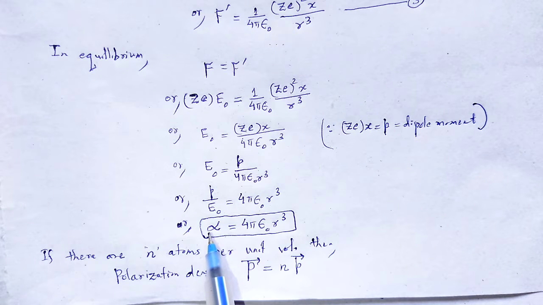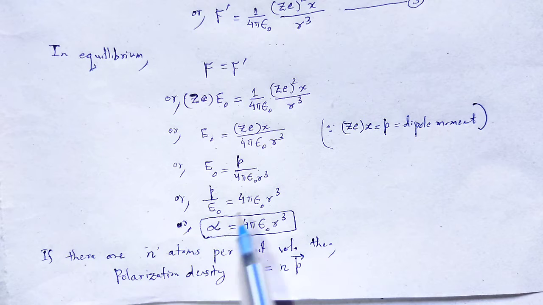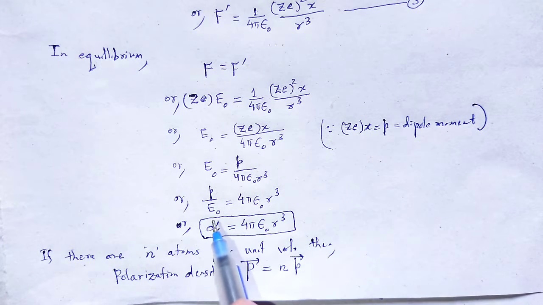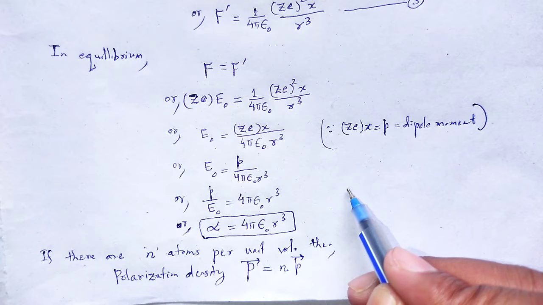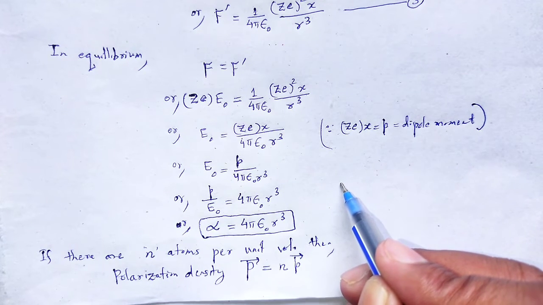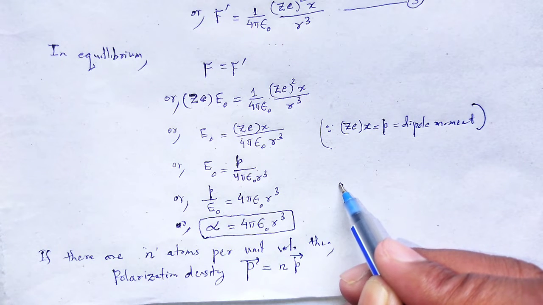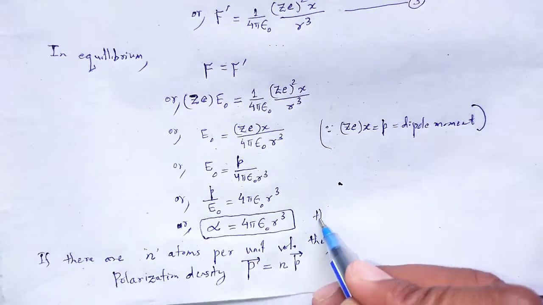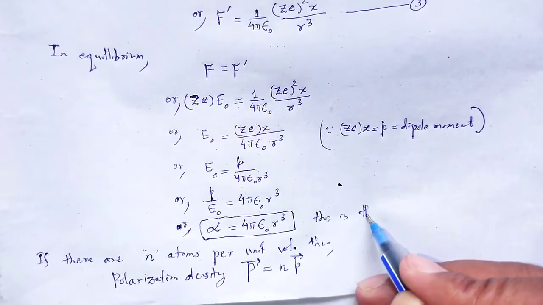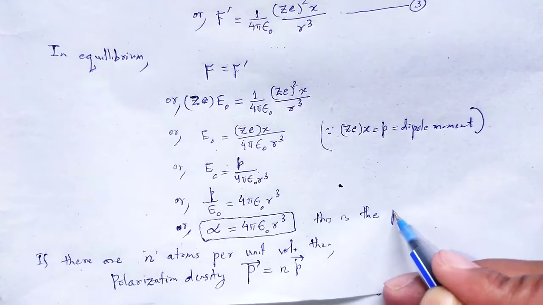Whereas alpha is equal to p by E naught. For that we can use p is equal to alpha into E naught. It can be written, this is the polarizability.